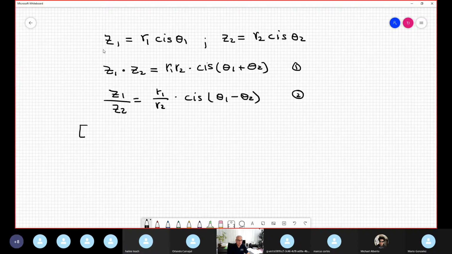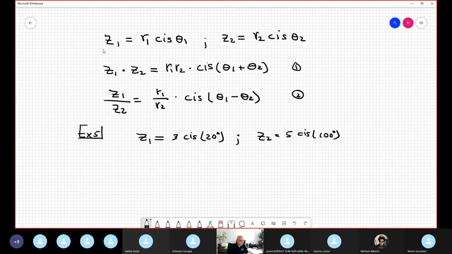Example, to see this more clearly. Suppose two complex numbers are given. C1 is 3 (cosine plus I sine) 20 degrees, and C2 is 5 (cosine plus I sine) 100 degrees.